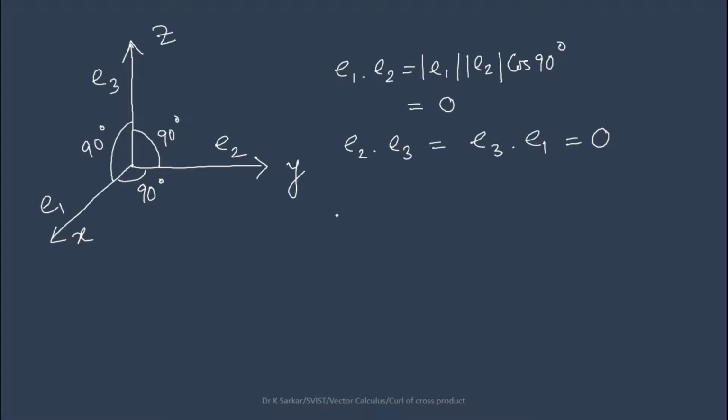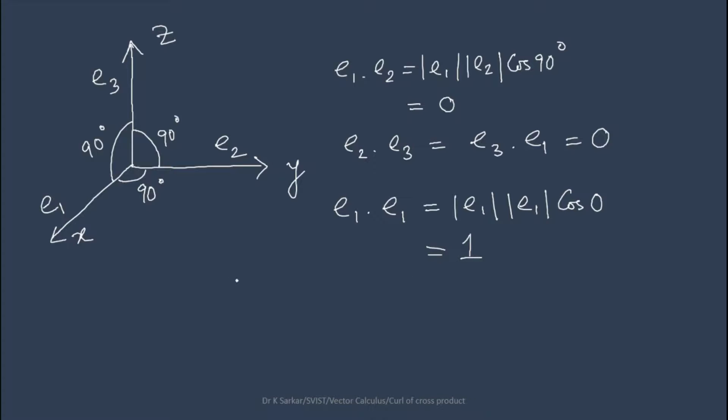Now if we take the dot product of e1 and e1, e1 dot e1 is mod e1 cos 0. As we know cos 0 is 1, so this is 1 only.